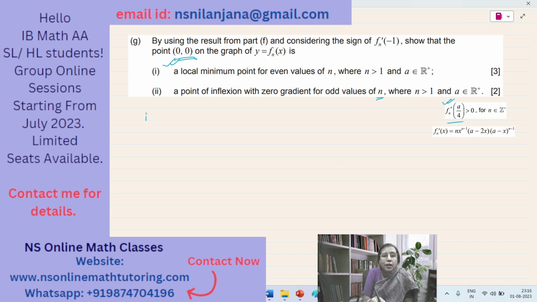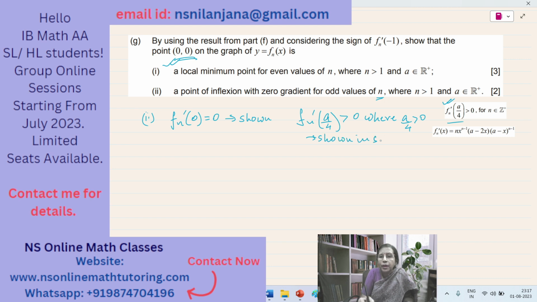Okay, so this one is I. I'm not showing again that f n dash 0 is 0, because we have already shown that in the subpart I. So, shown, and f n dash of A over 4 is greater than 0, where A over 4 is greater than 0, shown in subpart F.